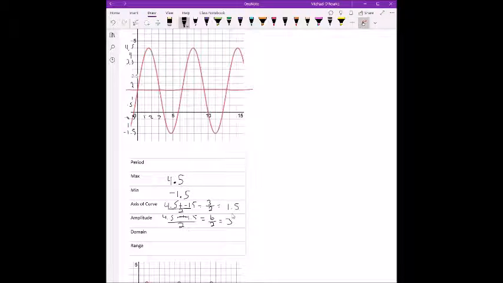So that's one way you can do amplitude. You can find it to be 3. Or once you have your axis of the curve, you can take a look and say, okay, how far from here to here? We're at 1.5? So between 1.5 and 4.5 is 3. And the way down here is also 3. So you can take a look if you know your axis.